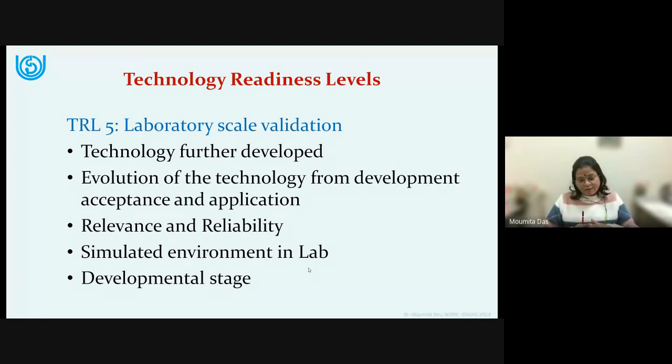Here, in TRL 5, you have to demonstrate at a laboratory stage the relevance and reliability of your product. So you have to go a step ahead, maybe invite more people. Essentially your technology is evolving from development to acceptance. You prepare good tea and then you serve them and see if they accept it or not. This is the fundamental thing if you take the example of the tea bag.